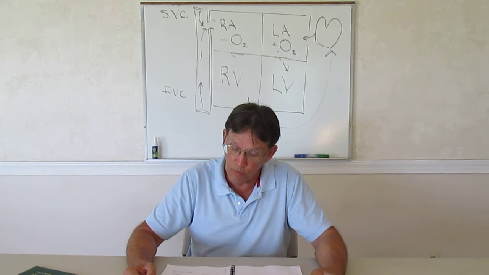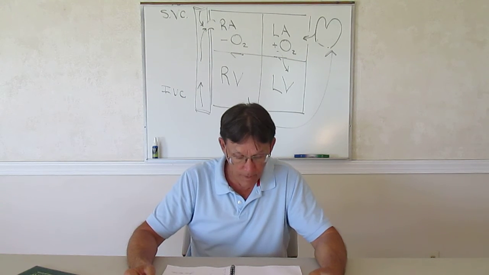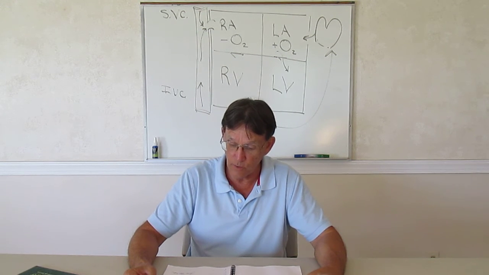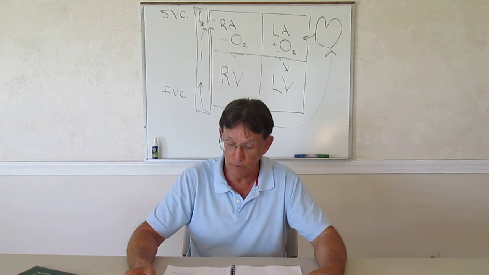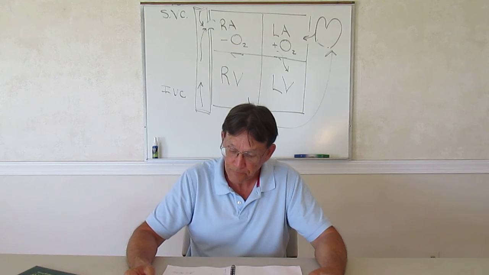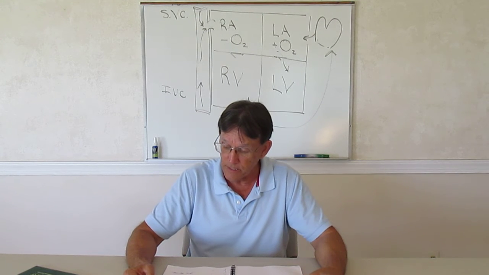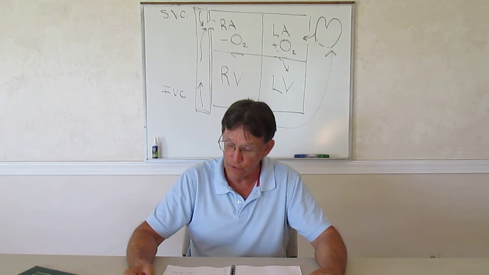Number 11, the tube of choice for the glucose tolerance test is a gray tube. Glucose tolerance test is a glucose specific test, so it's drawn in a gray tube. Number 12, the bleeding time test is used to test platelet function. That's true. Platelet aggregation is your first clotting function to occur in the body.